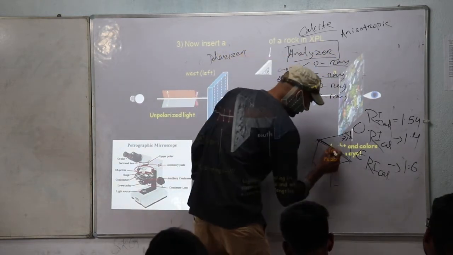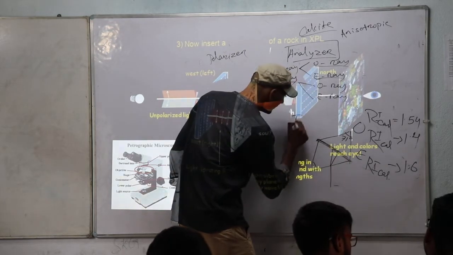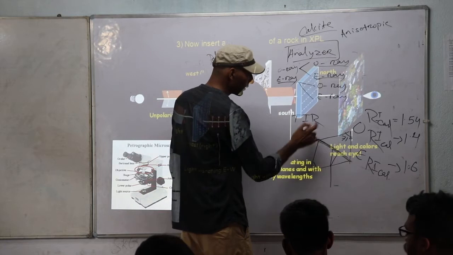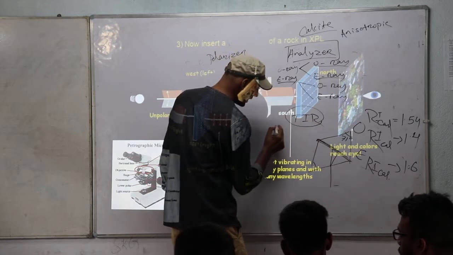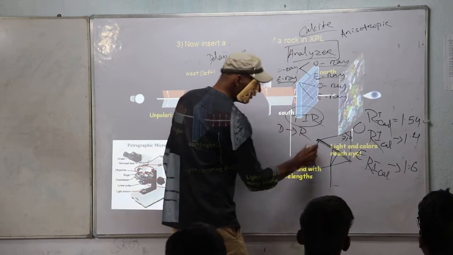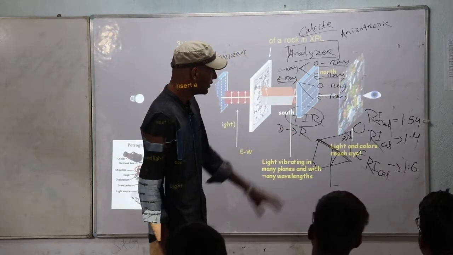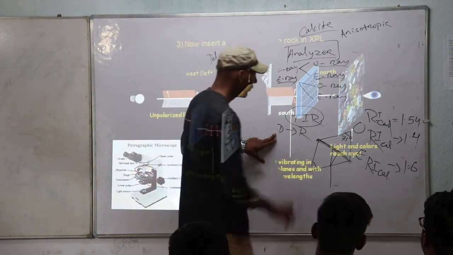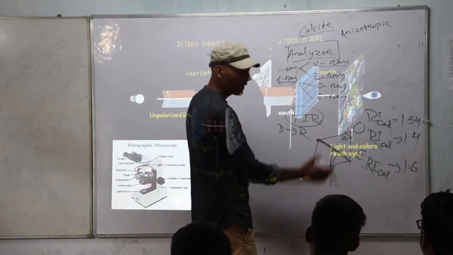See, here the phenomenon occurring is total internal reflection, right? Total internal reflection requires the movement of the light ray from denser to rarer medium. So the ordinary ray will have the higher index because it passes from denser to rarer medium.